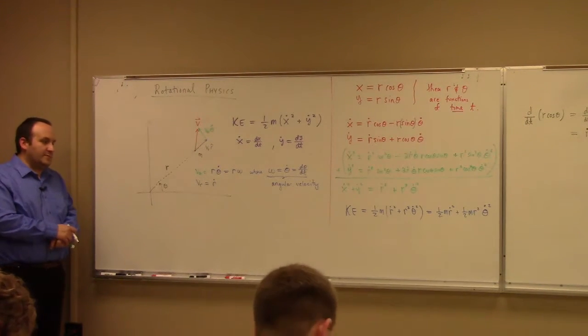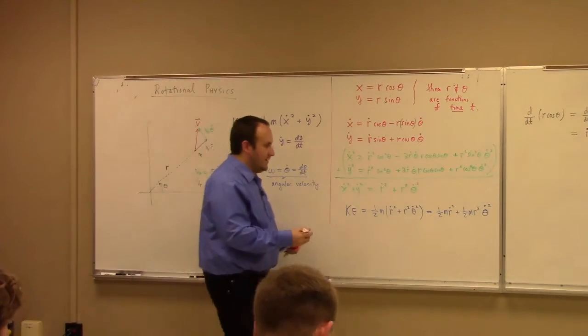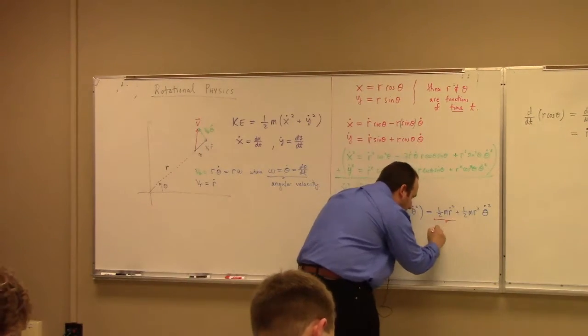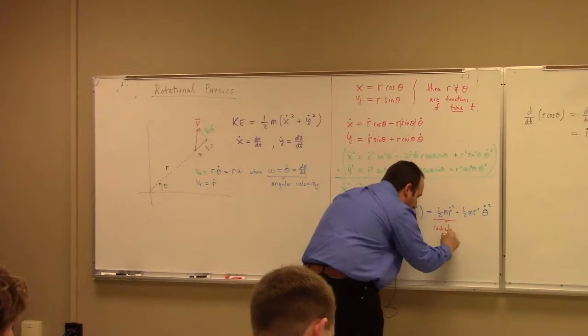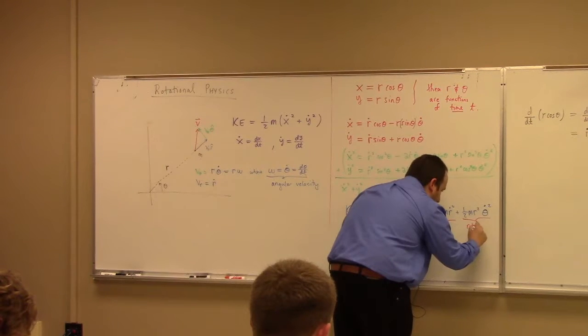Let me interpret what that formula means. This piece right here is the radial kinetic energy. This right here is the rotational kinetic energy.